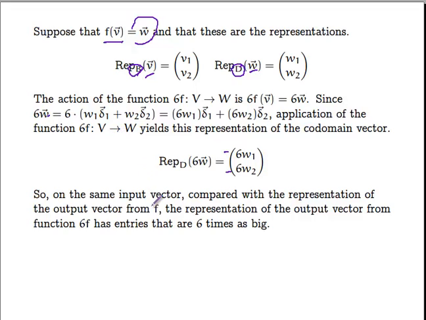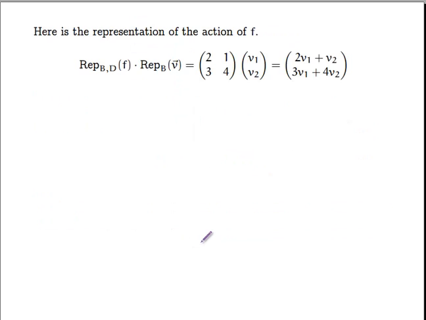Okay? So, in other words, you take an input vector. If you're looking at the function 6f, then the output entries are 6 times as big. All right.